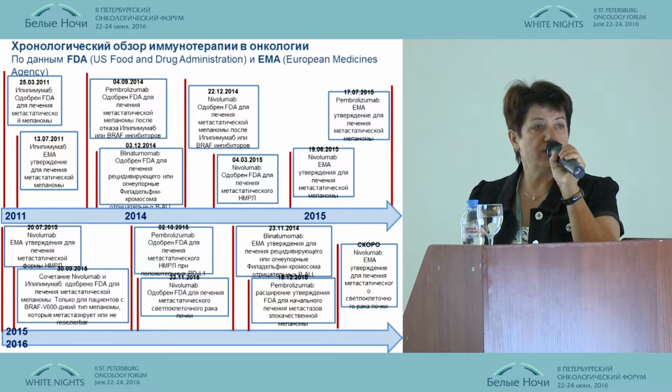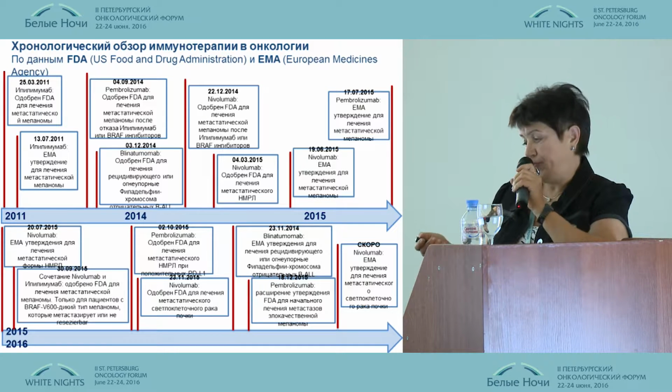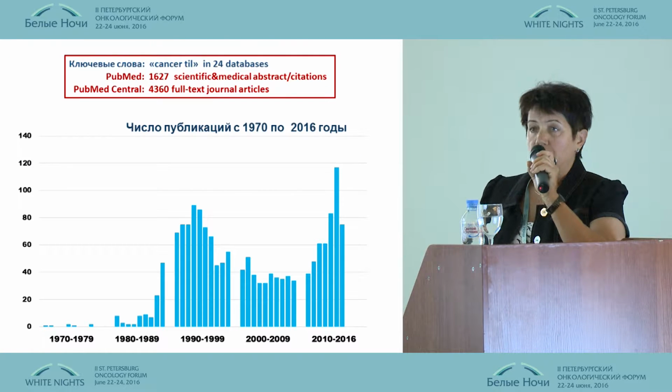So look at the year 2016. The immunotherapeutic modalities are being actively implemented in practice. This means that finally we are able to treat cancer by manipulating the immune system.